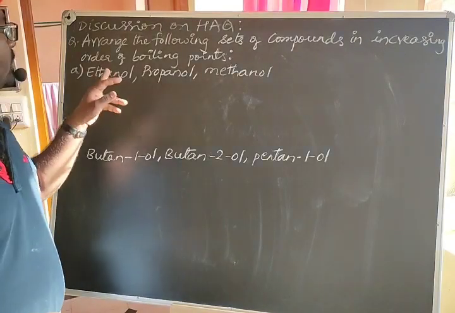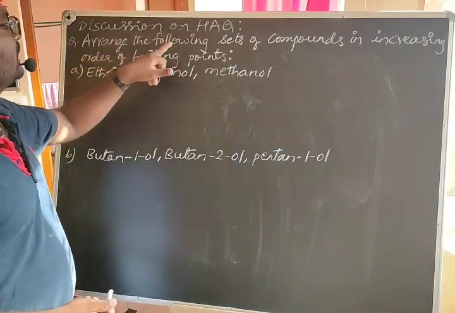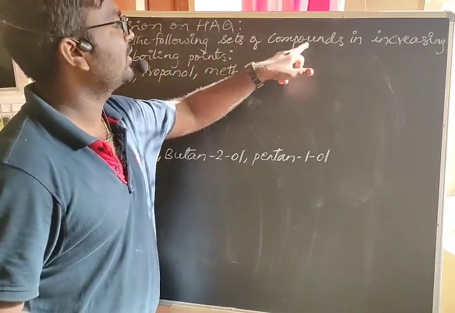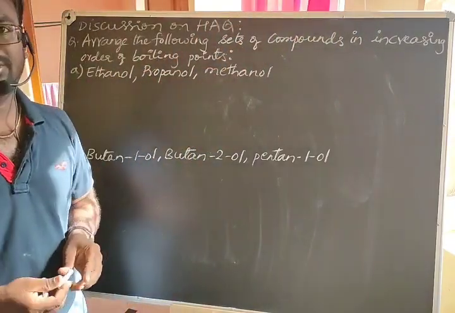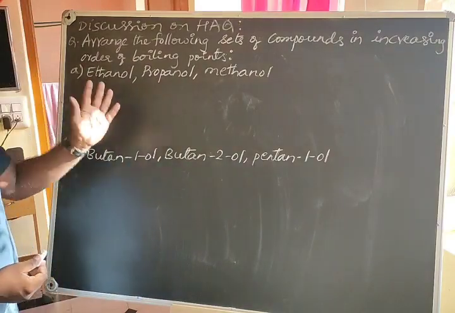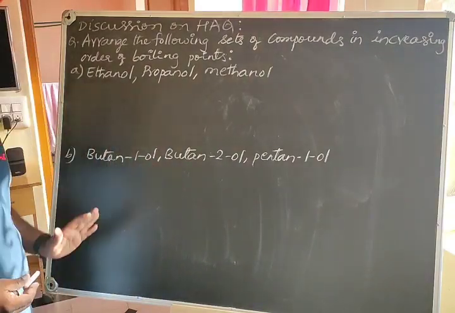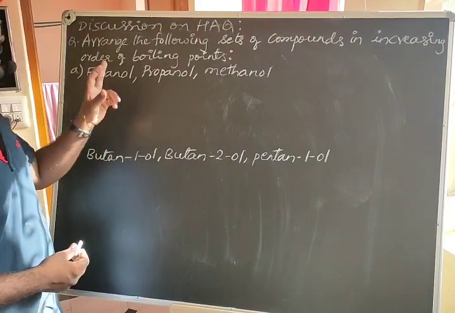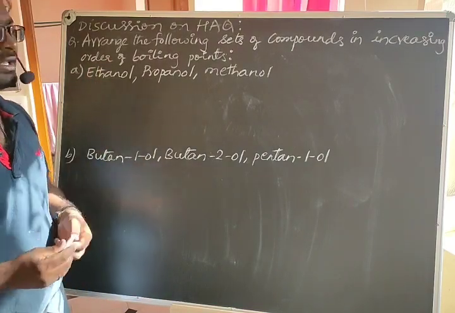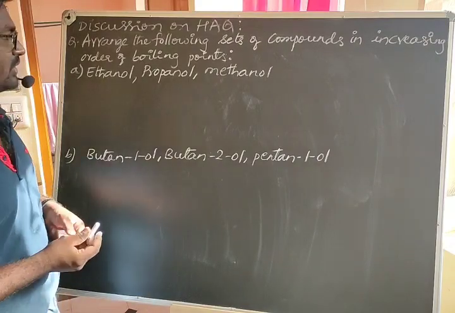Here we have the question: arrange the following sets of compounds in increasing order of boiling points. See here, all the given compounds are alcohols and we have to arrange these in increasing order of boiling points. Let's recall the previous discussion.